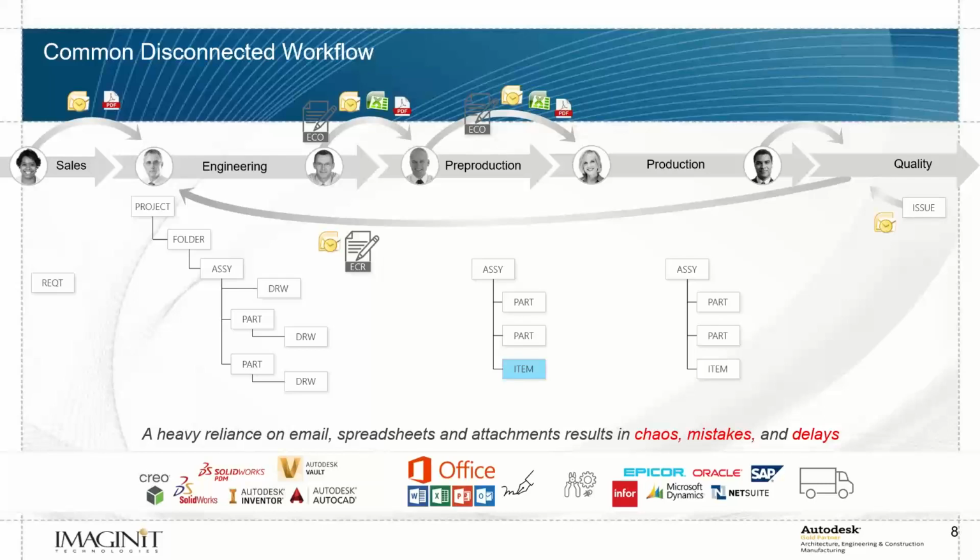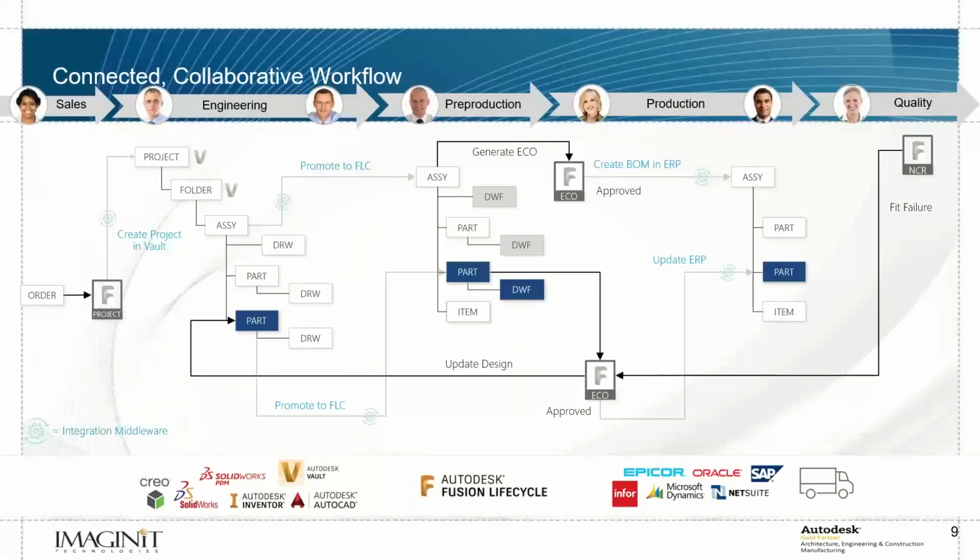Well, the goal ultimately would be to take these workflows and make them a little more connected, where we're able to have an order that starts in PLM Lifecycle, and it starts out here in Fusion Lifecycle. That becomes a project in Vault, which has a folder. So then we go through and begin working on the parts, assemblies, and drawings. We push that information back over to Fusion Lifecycle.